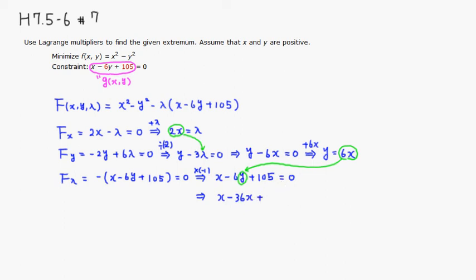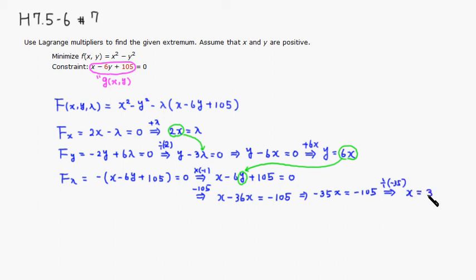Actually, why don't I subtract 105 so that I can put negative 105 on the other side, right? And this is going to be negative 35x is equal to negative 105, right? Then we can simply divide through the equation by negative 35 to find x to be 3.